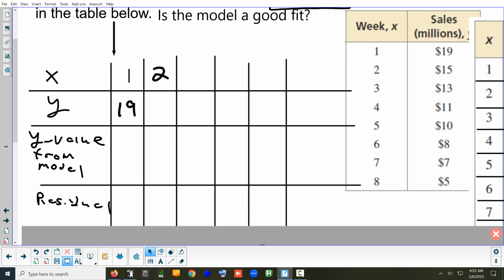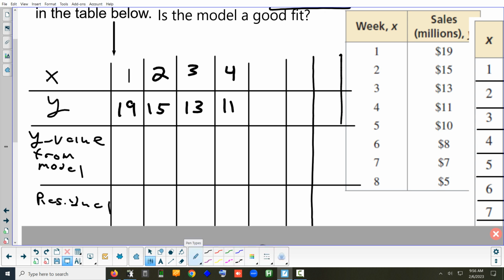How much money did the movie make week 2? 15 million. So it's dropping a little bit. How about week 3? 13 million. All right. And then week 4? 11 million.